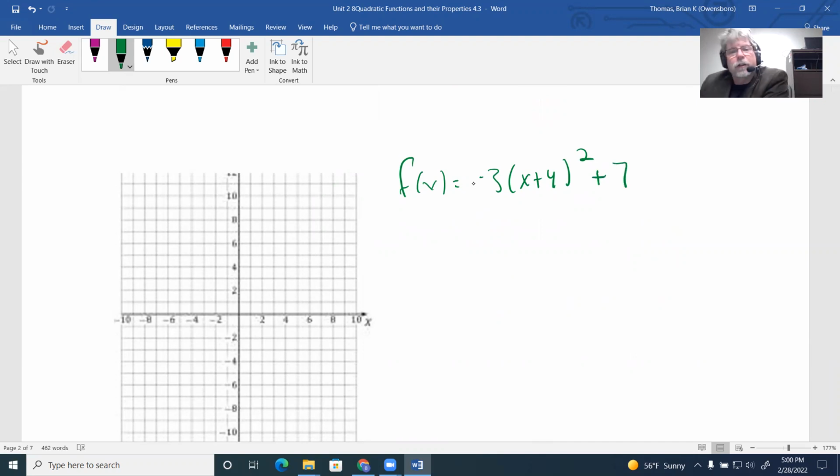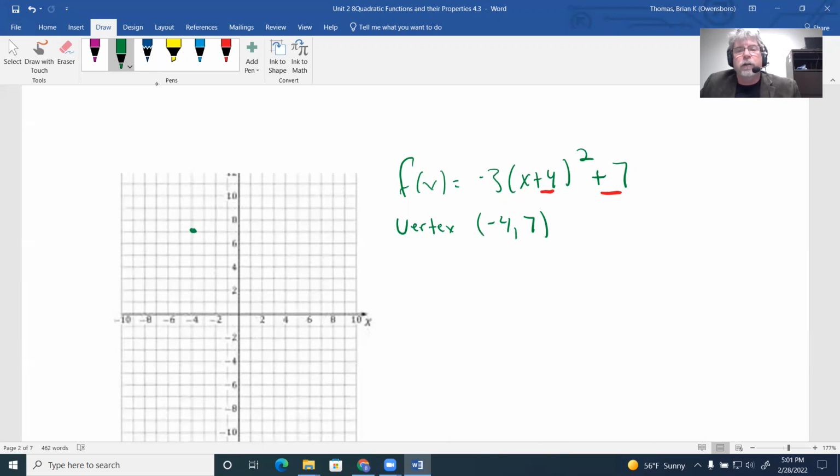So the first thing we pick up on is we're going to identify the vertex. The vertex is going to be identified by, we have to use the opposite of 4 and this 7. So the vertex is going to be -4, 7. So when I graph this, I'm going to graph -4, 1, 2, 3, 4, 7 would be, looks like about here. -4, 7.